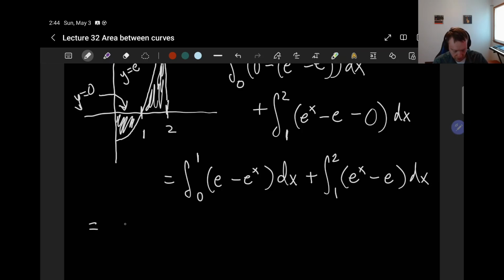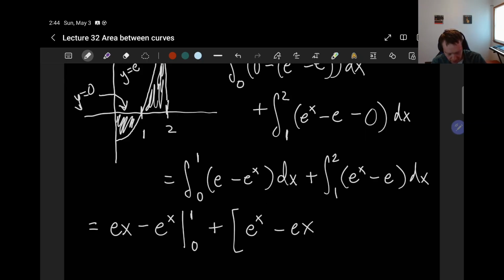So antiderivative of e is e times x. Remember, e is just a number. Antiderivative of e to the x is itself. Evaluate from 0 to 1. And then over here, now it's e to the x that's first, minus e times x from 1 to 2.